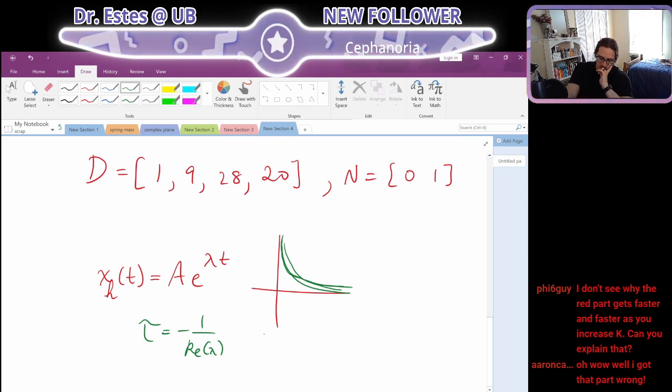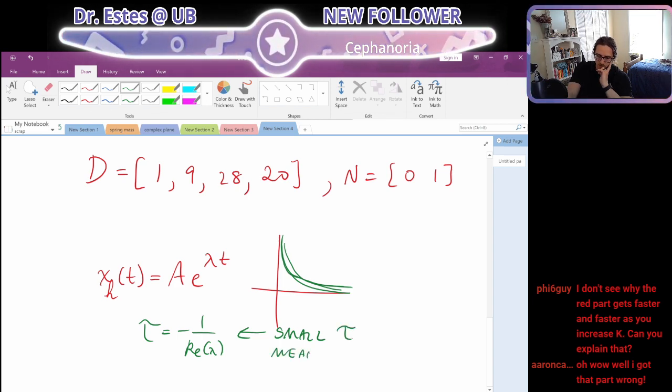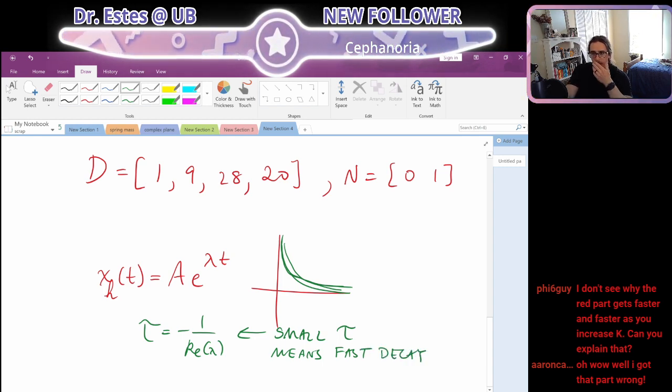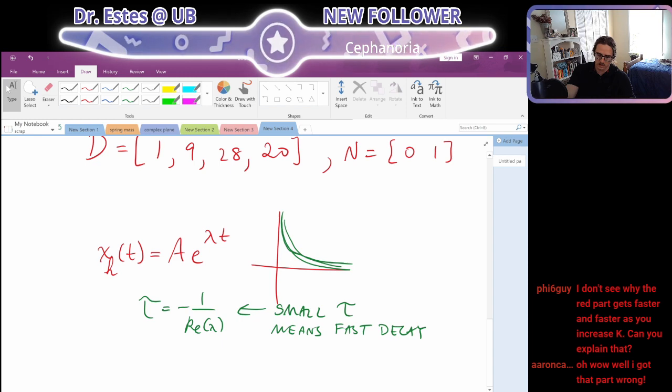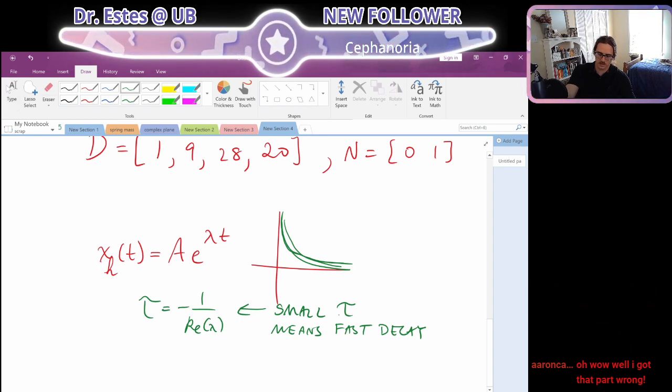So a small time constant means fast decay. Well, how do we make this time constant small?